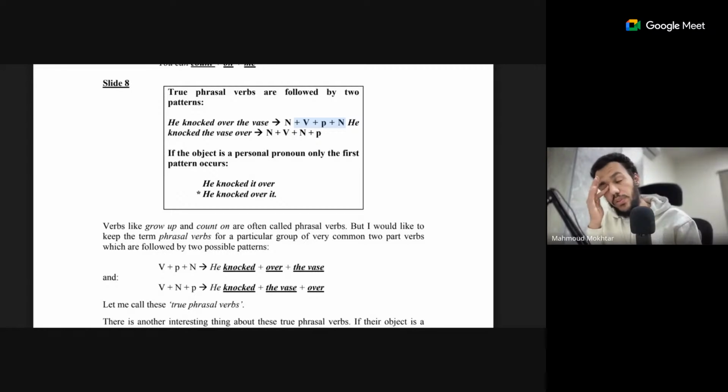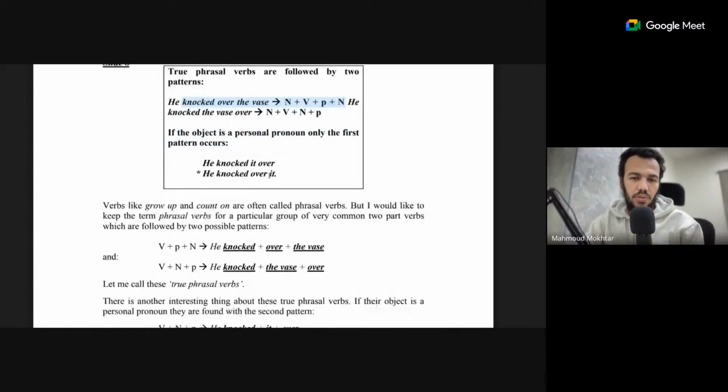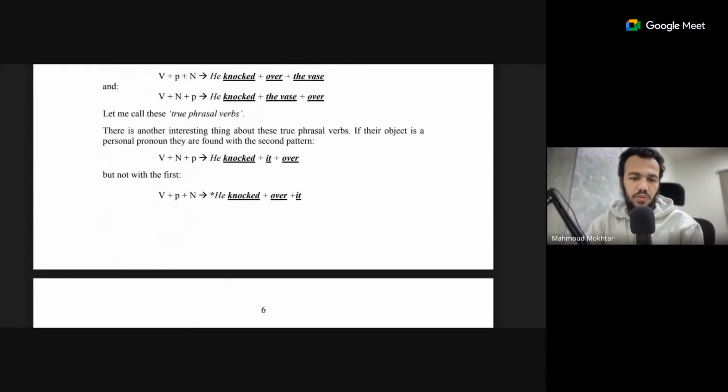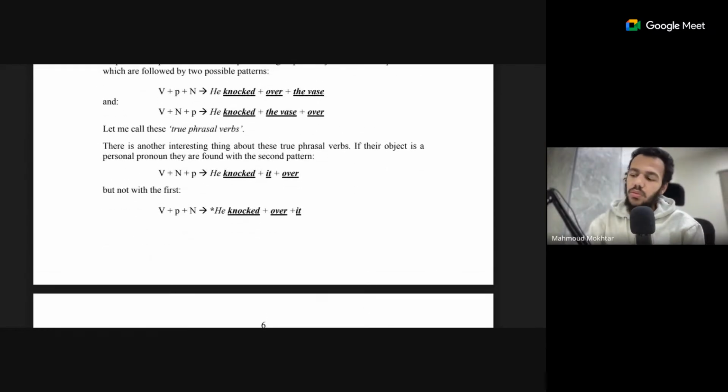So that's why only the first one happens. He knocked it over. He knocked over it.